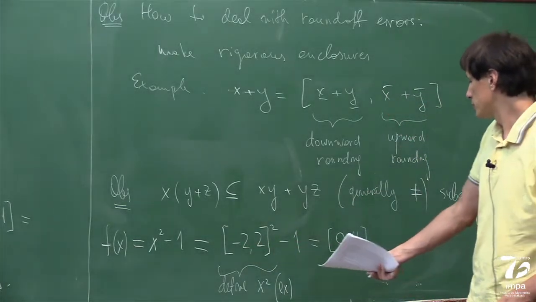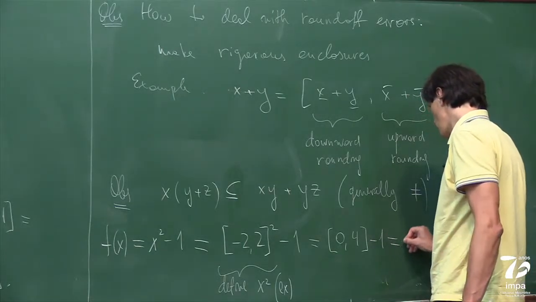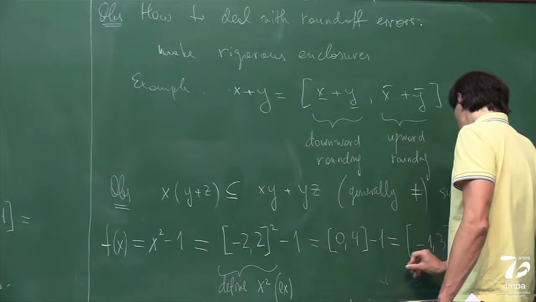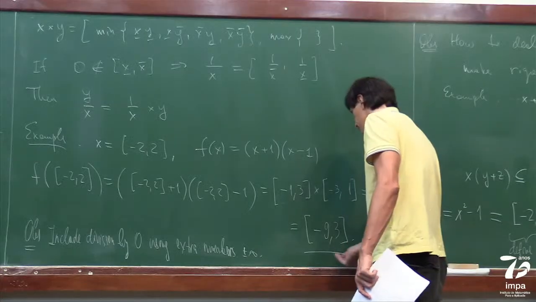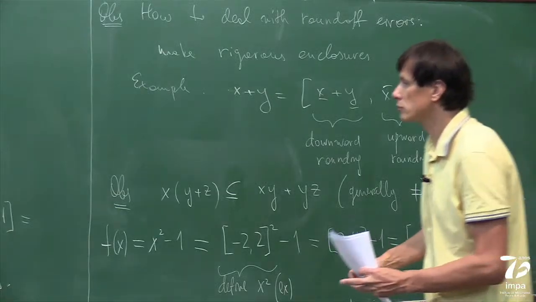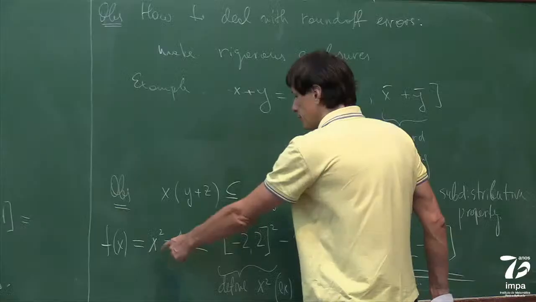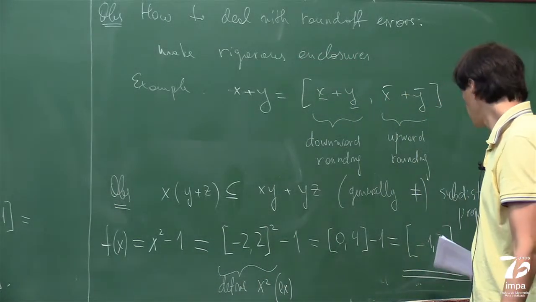So you can make an explicit definition of x squared minus 1, and this will be minus 1, 3. So you see that you get a different result from what we had before. We just used a different expression. Instead of a product of sums, we took a difference of products, and we got a different value.